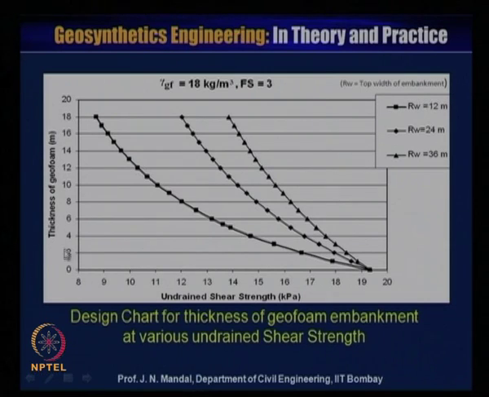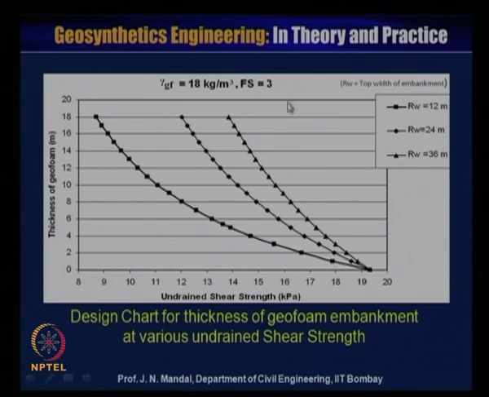This axis is the thickness of the geofoam and this axis is the various undrained shear strength values for different top widths of the embankment. So, top width RW may be 12 meter, for this top width RW may be 24 meter, or top width RW may be 36 meter. This may be 2-way, or maybe 4-way, or 6-way.